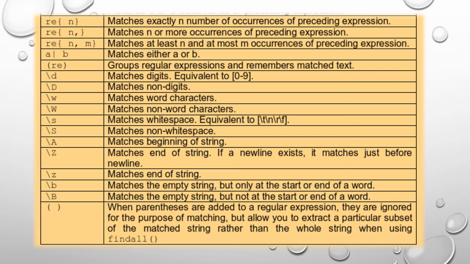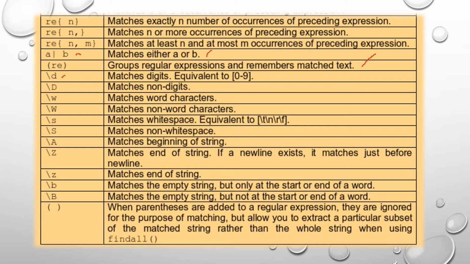A or B is the next one. The use case of this is it matches either A or B. And re within the normal braces: the use case of this is it groups regular expressions and remembers the matched text.